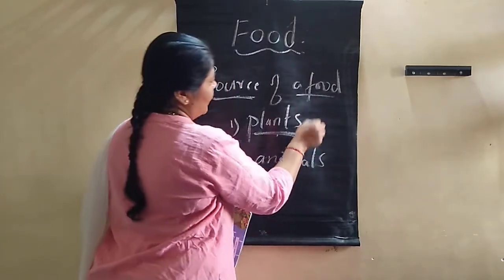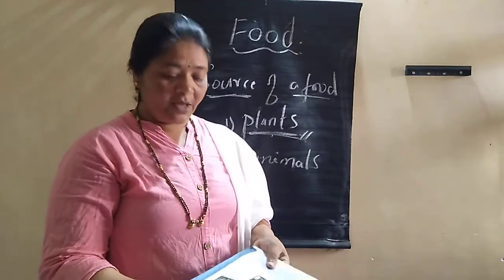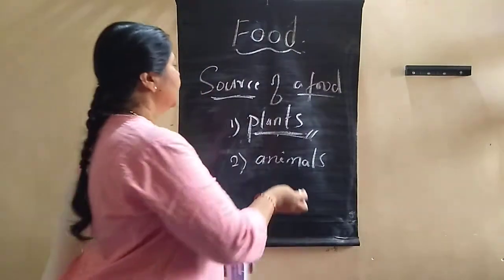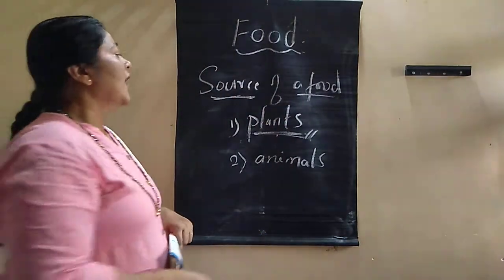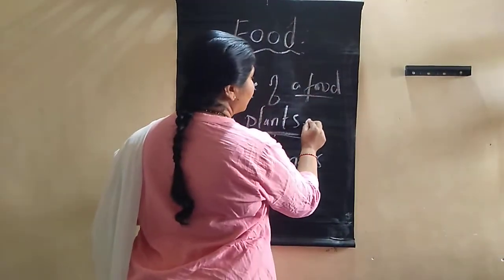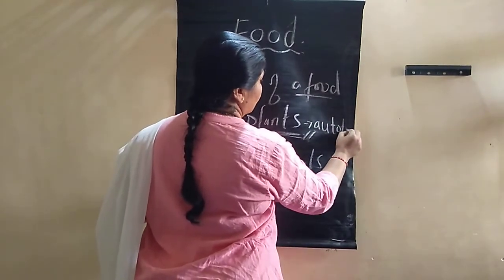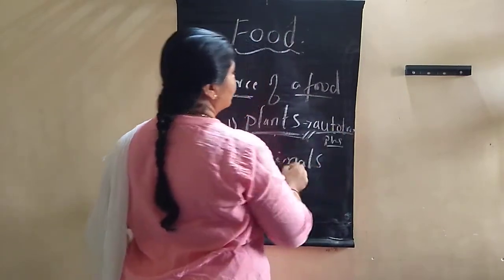How do the plants prepare the food? Plants prepare food by the process of photosynthesis, and they have another name, autotrophs. Autotrophs are the plants which prepare their own food.